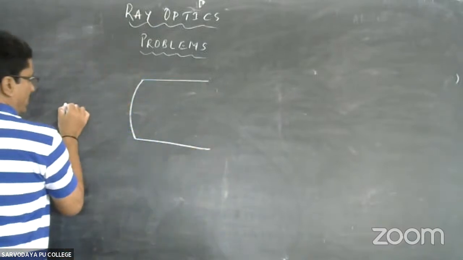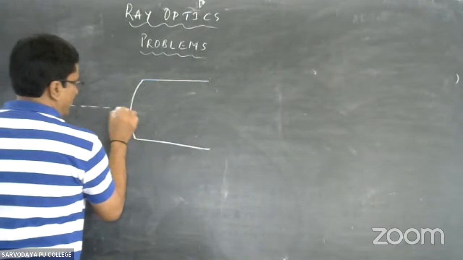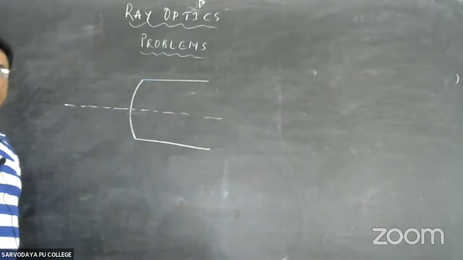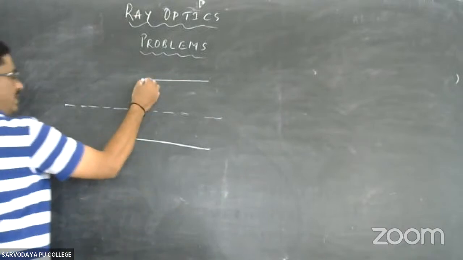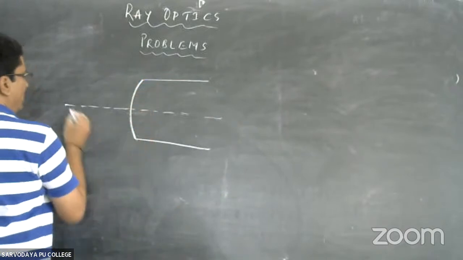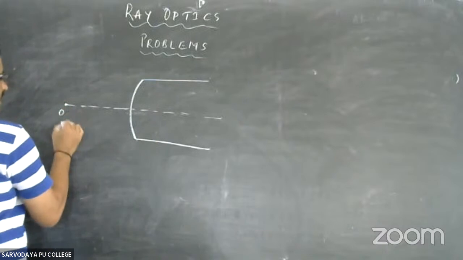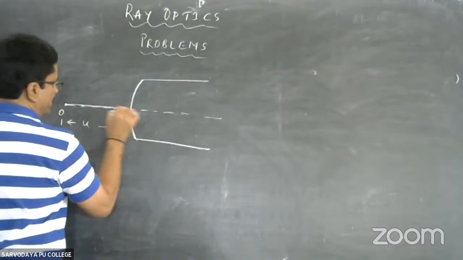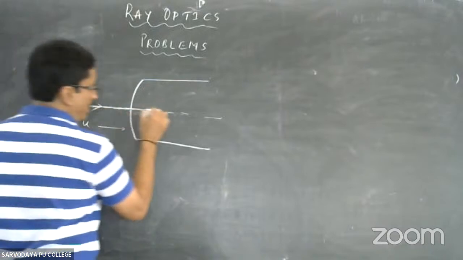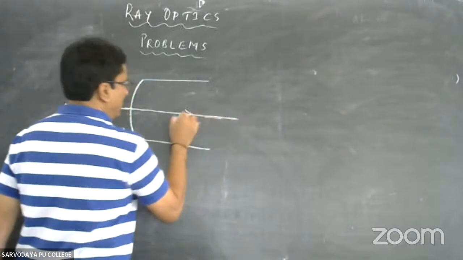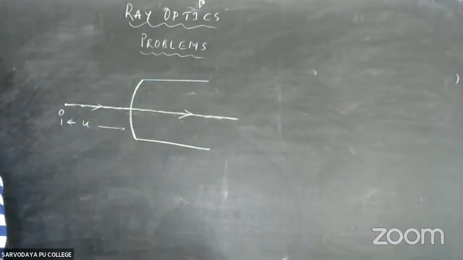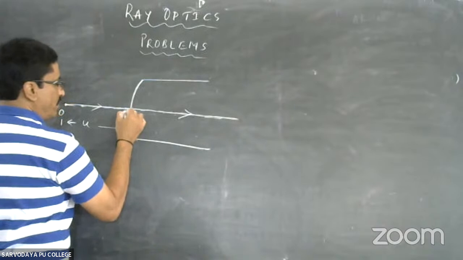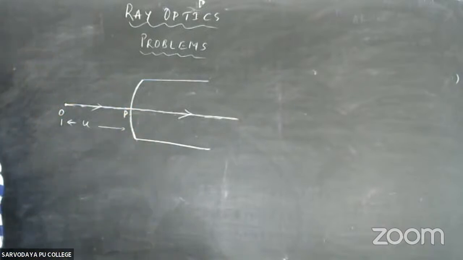Already you know, if you consider a surface which is part of a sphere, we call it a spherical surface. If an object is placed at a certain distance u, then the ray traveling along the principal axis travels without any deviation through the pole of the refracting surface.